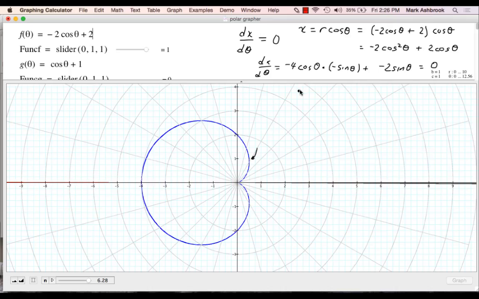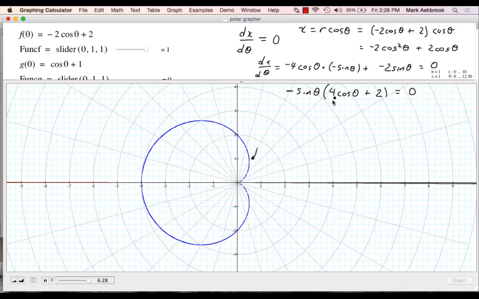Factoring out sine theta. So let's factor out negative sine theta, so our inside is nice. So negative sine theta, so it leaves us with 4 cosine theta plus 2. Oh, there's a negative, right?